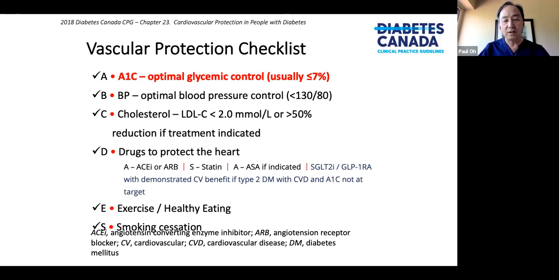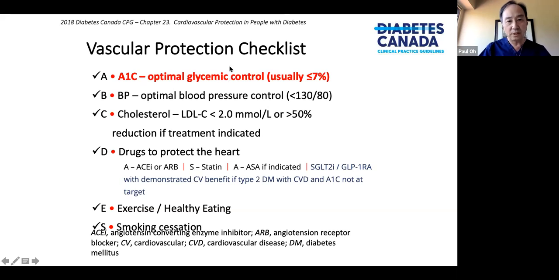We're going to touch upon some other medicines specific to diabetes management over the next 30 minutes or so. We should not ignore the Es: exercise and healthy eating are critically important to all of the domains above. And we should not forget that smoking cessation is incredibly important for people who are still smoking.